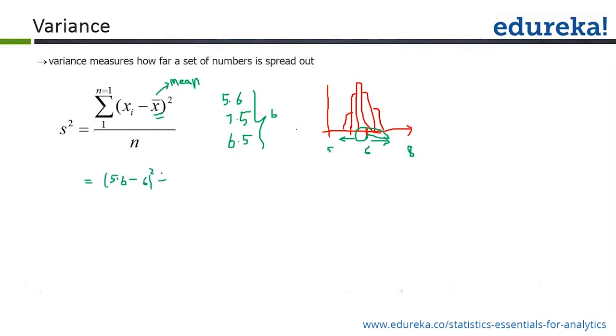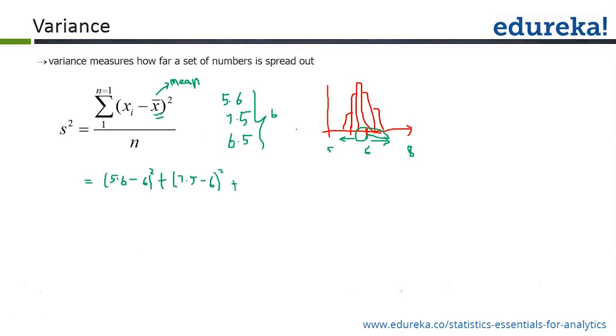Then you take the second observation, in this case 7.5, subtract it from the mean 6, and square it.